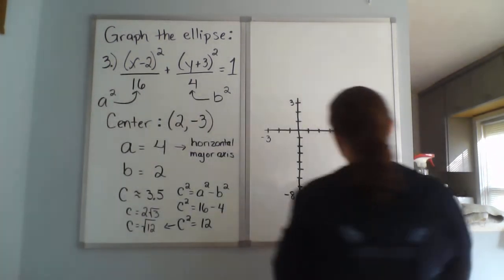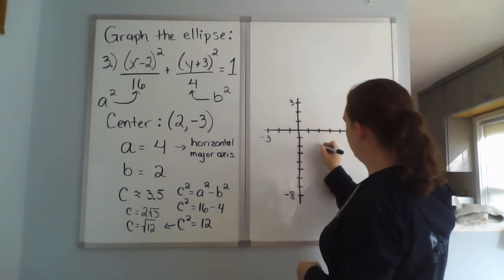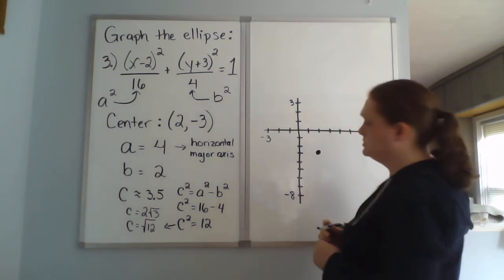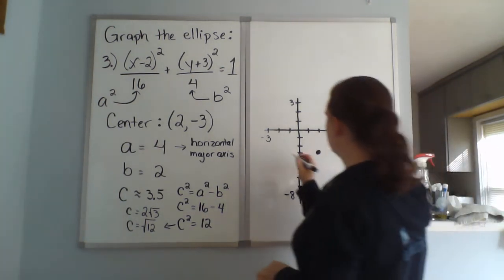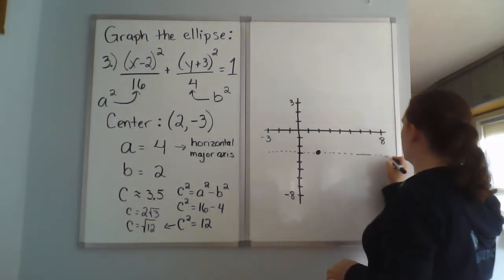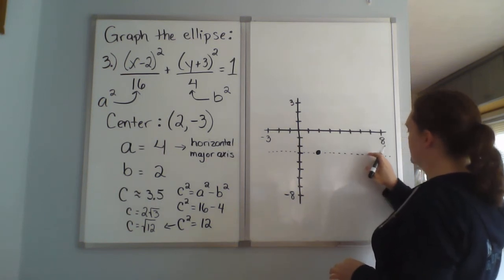So in order to do this, what I want to do is first plot my center, which is at 2, negative 3, okay? Now here's what I recommend you do to help you along with this, especially if you don't have graph paper. Draw yourself a little dashed line going across. Maybe actually make it dashed, unlike me.